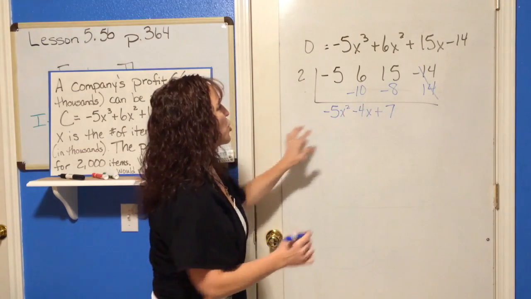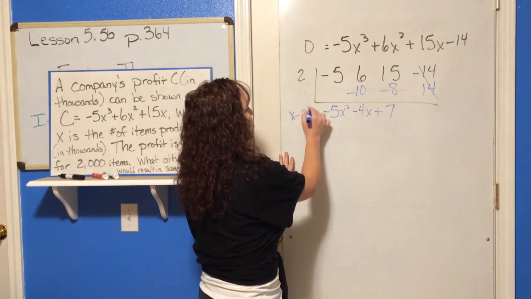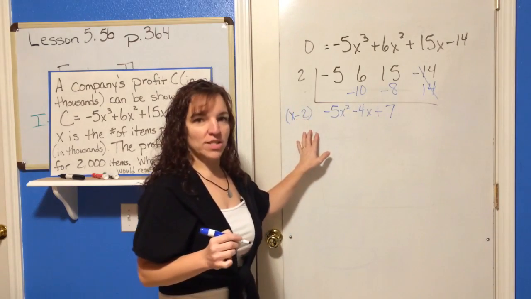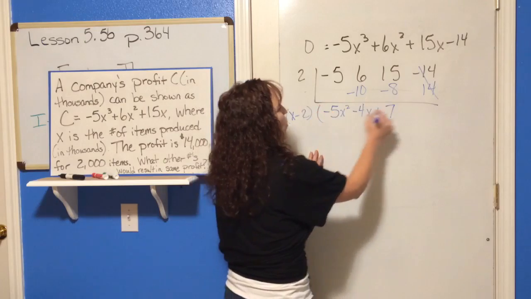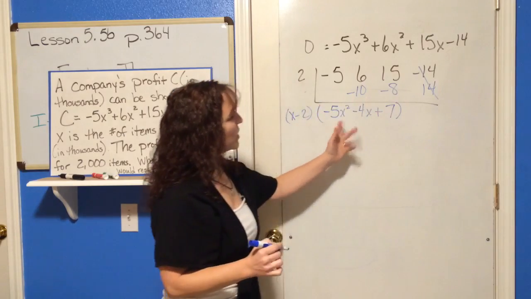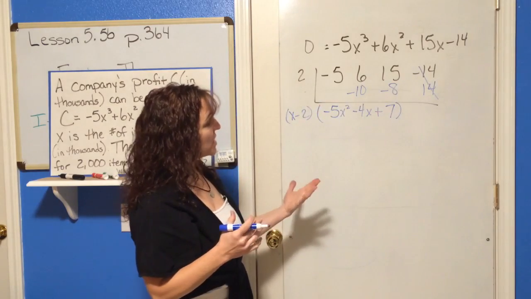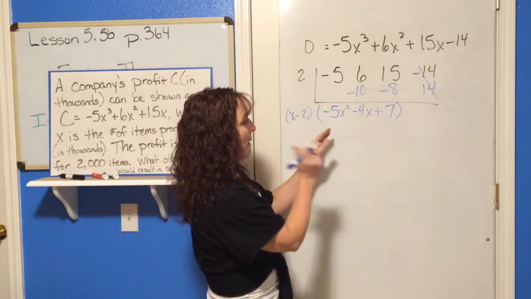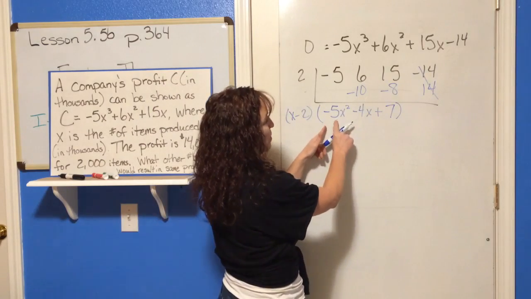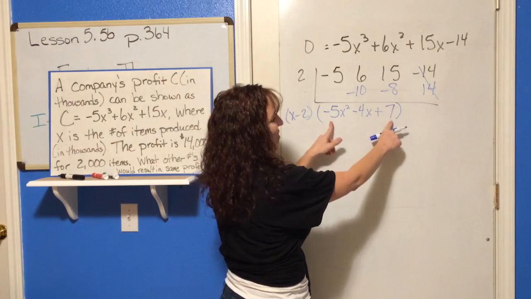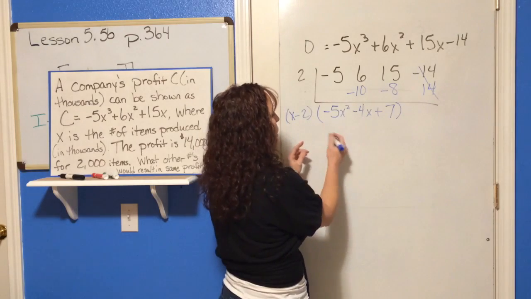All right, so the x minus 2 was one place that it crossed the axis. Now we would like to just factor this, but we need numbers that multiply together to get -5 and 7 and add together to get -4.